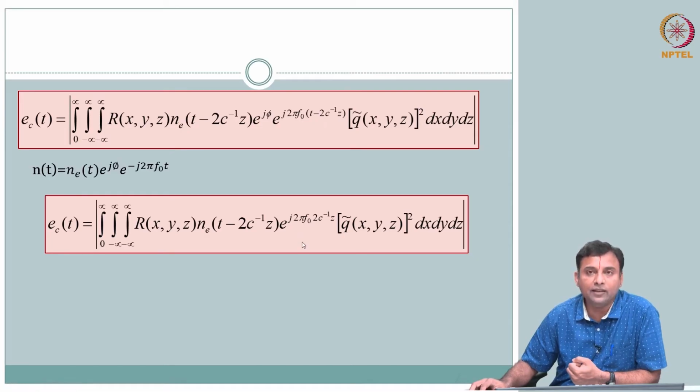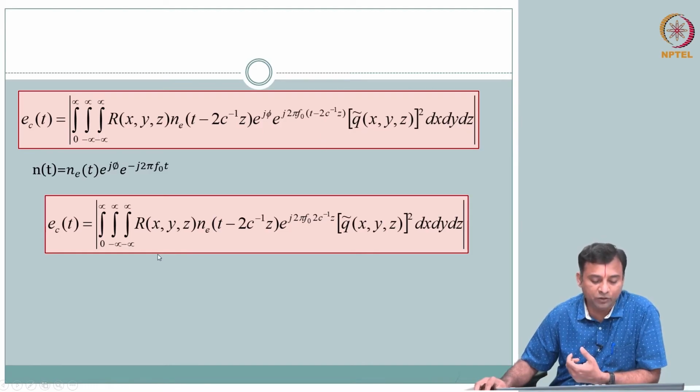So, what have we done? We have recognized that you are taking modulus. If you have an exponential which is not a function of x, y, z, then you do not have to worry about that. Modulus of exponential function j power whatever becomes 1.